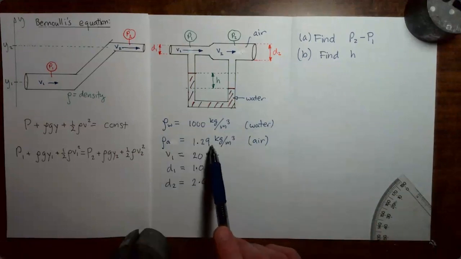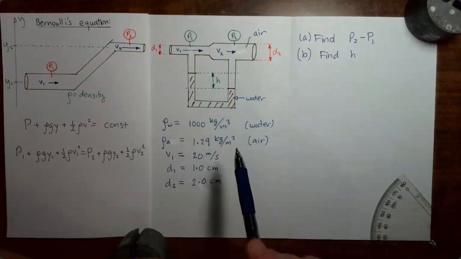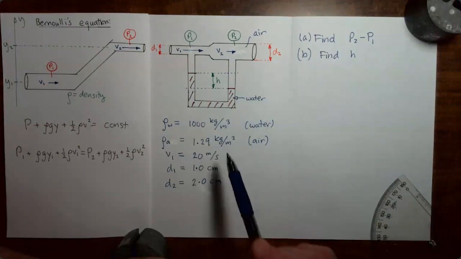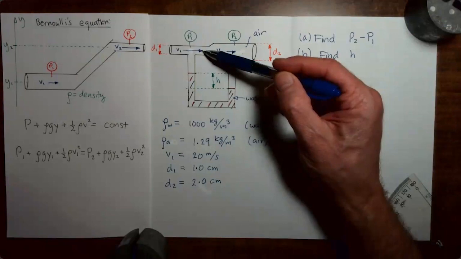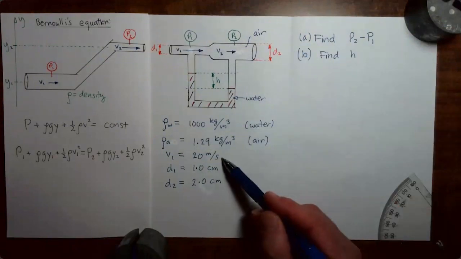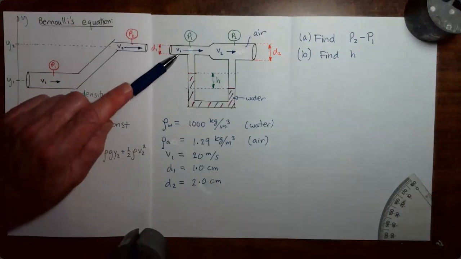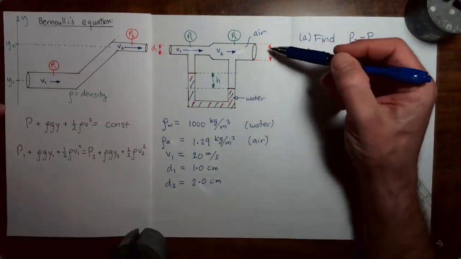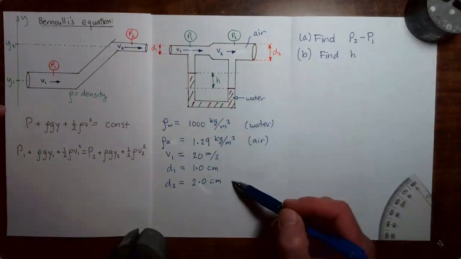The density of air depends on temperature, but let's say that at this particular temperature, the density is 1.29 kilograms per cubic meter. Let's say that the flow speed of the air in the narrower horizontal segment is 20 meters per second. The inner diameter of the narrower horizontal segment is 1 centimeter, and the inner diameter of the wider horizontal segment is 2 centimeters.